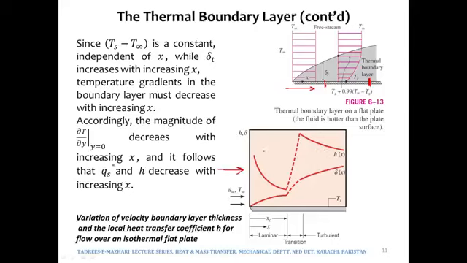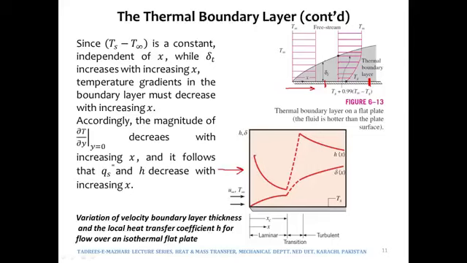So as just discussed, there would be a decline in h. While the fluid is flowing in the laminar region, h will continuously decline because of an increase in the boundary layer thickness, which gives rise to lesser temperature gradients, and those lesser temperature gradients result in lesser Q, and lesser Q means lesser values of h.